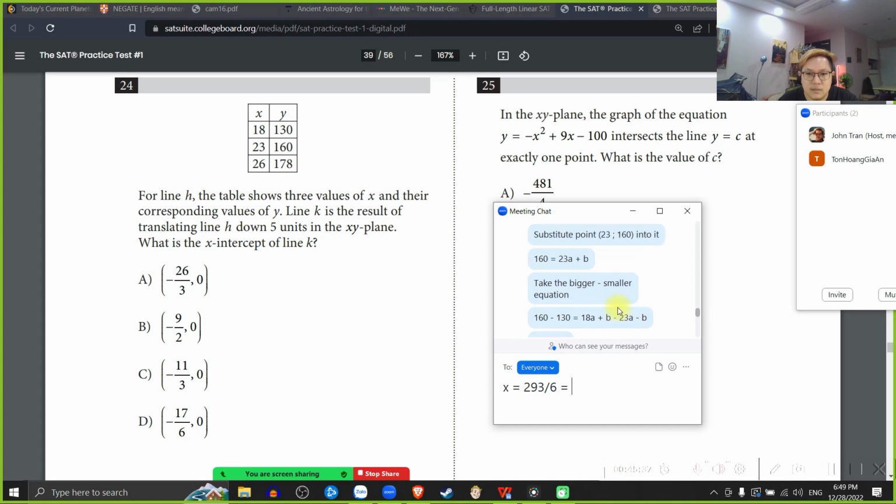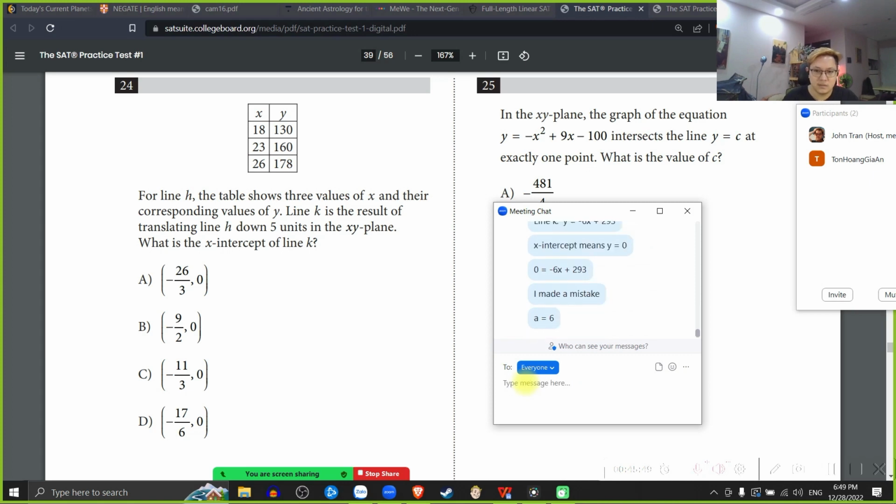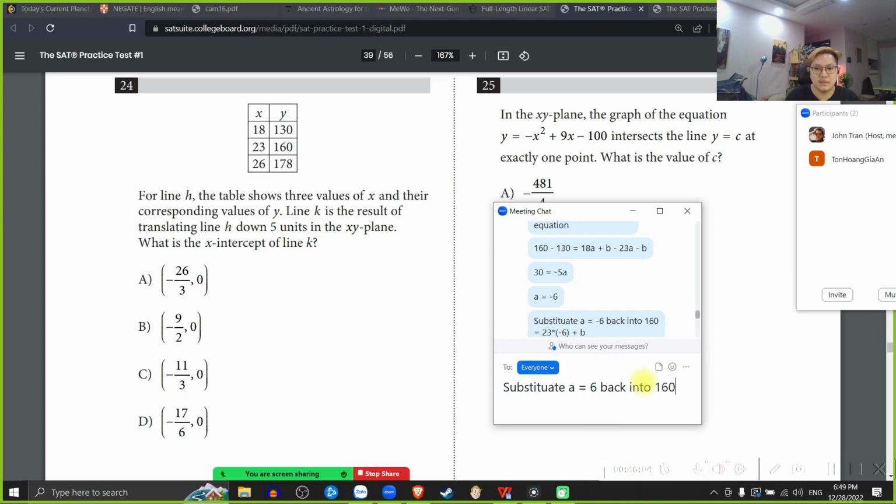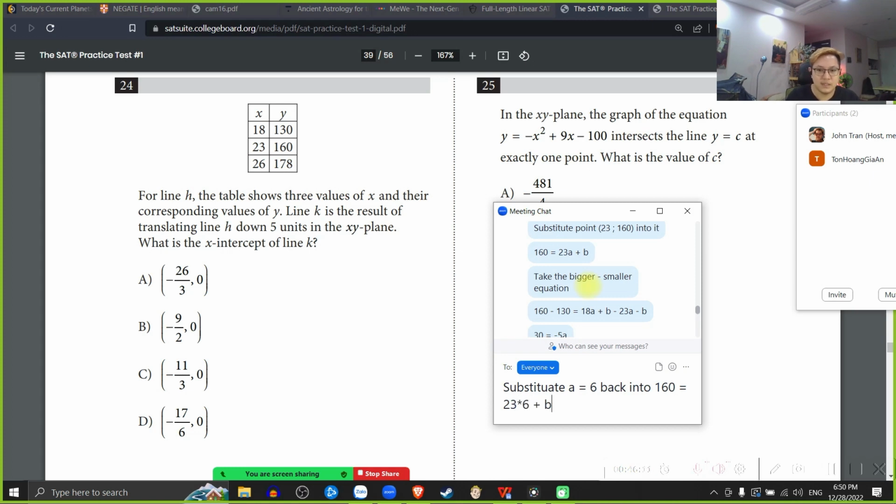Okay, I got it. It's 5a equal to 30, so a should be 6. Sorry, I made a mistake. So a is equal to 6. Substitute a equal to 6 back into here: 160 equal to 23 times 6 plus b.